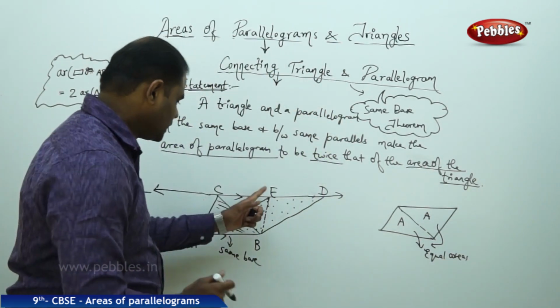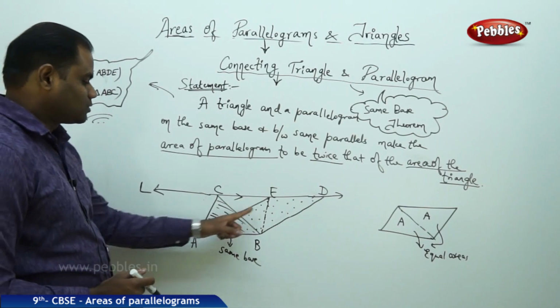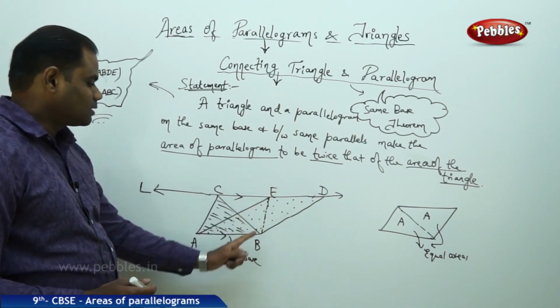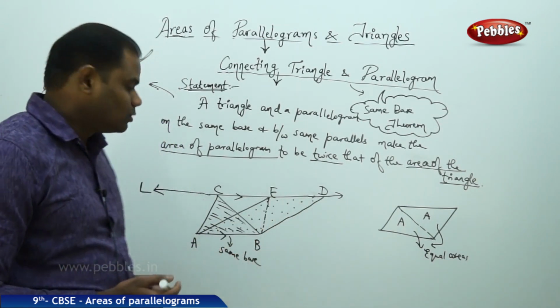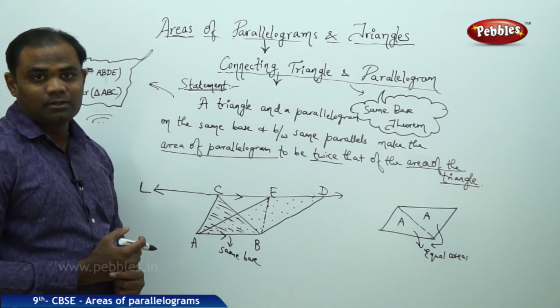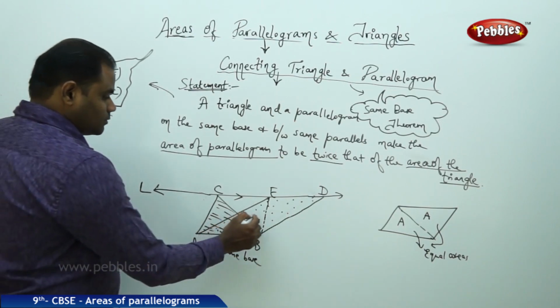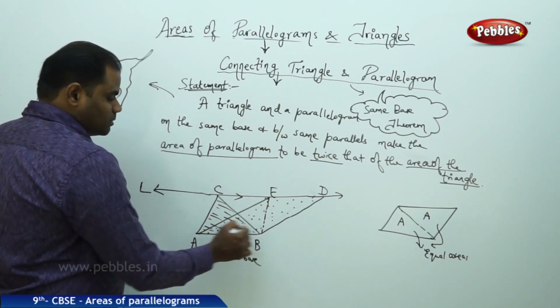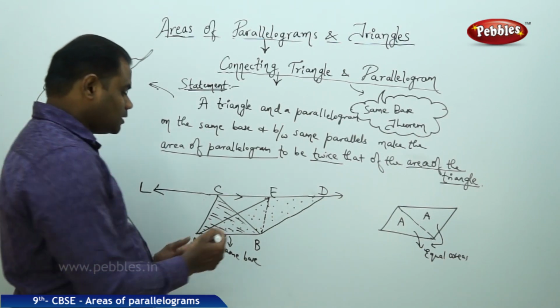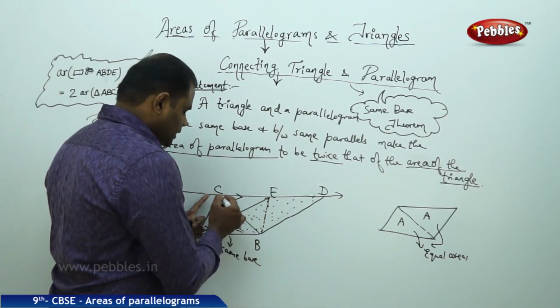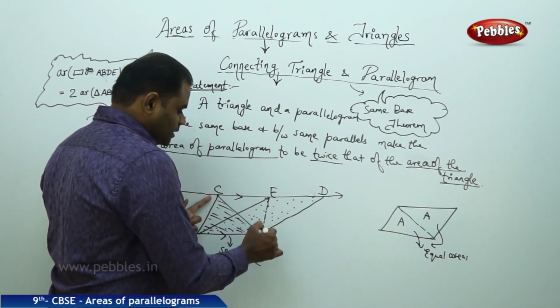And therefore, when I cut the diagonal BE, I get two triangles ABE and BDE in the parallelogram ABDE, whose areas are equal. Therefore, the parallelogram would be twice of the added areas. When I add this area with this, exactly two triangles on the same base are equal.